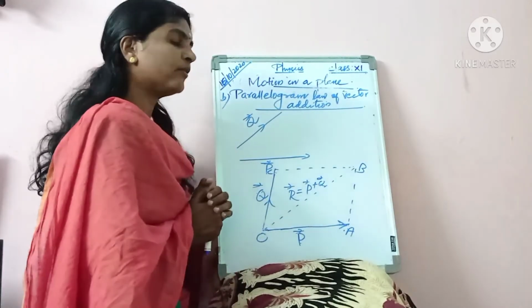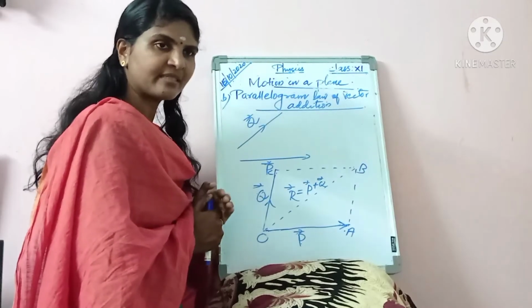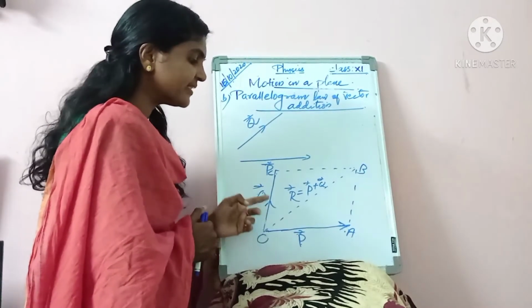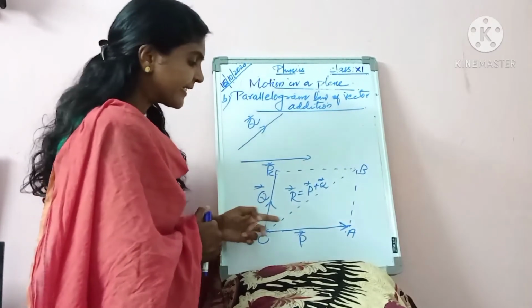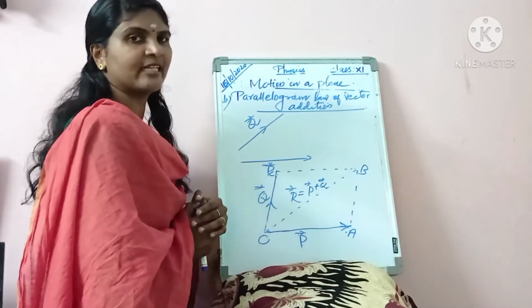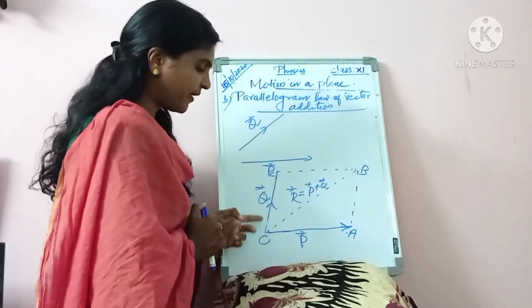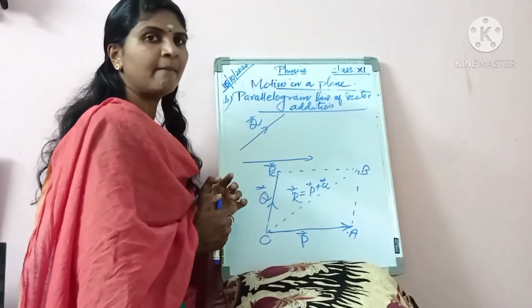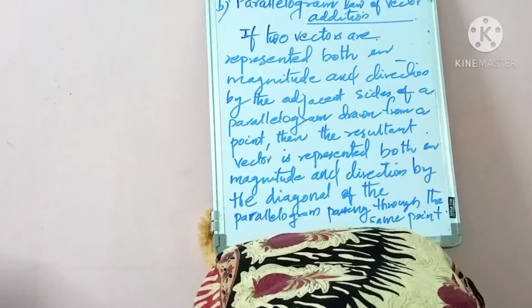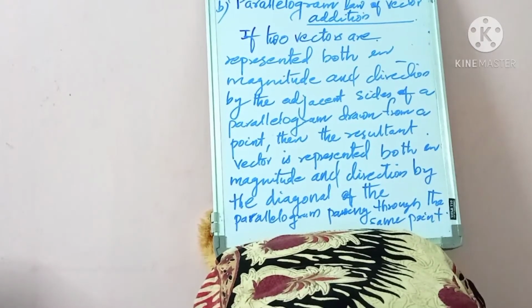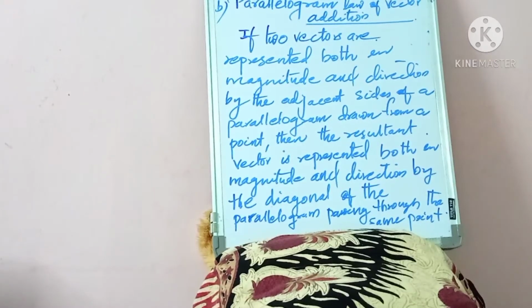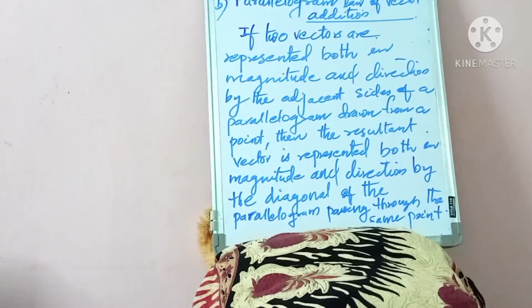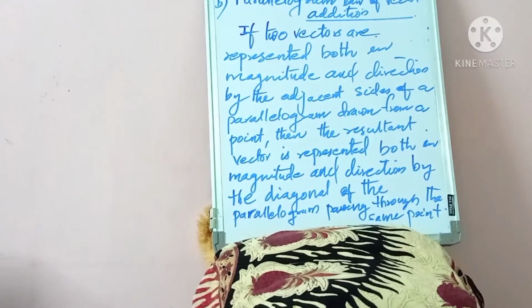So according to the parallelogram law of vector addition, if two vectors are represented both in magnitude and direction by the two adjacent sides of a parallelogram drawn from a common point, then the resultant vector is represented both in magnitude and direction by the diagonal of the parallelogram passing through the same point.